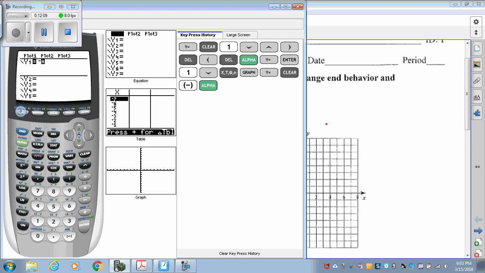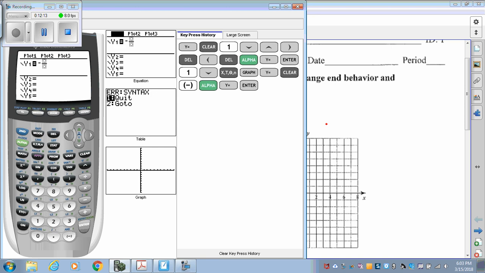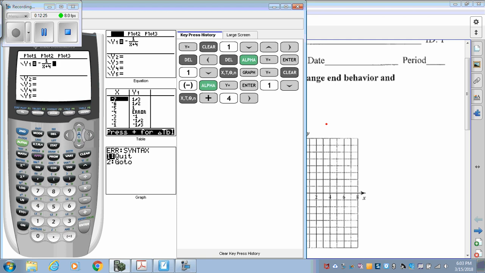And then now I've got a fraction, so I hit enter here. And I've got 1 over x plus 4. I'm thinking that's going to move it horizontally, which is always the opposite, so it's going to go left 4. And then this is going to move it vertically. This will make it go up. And when I say it, I'm talking about the intersection of the vertical and the horizontal asymptotes.